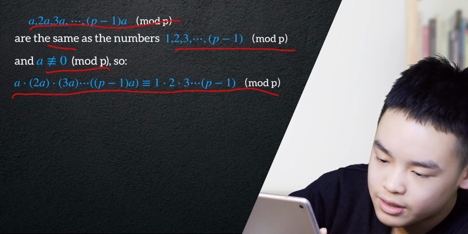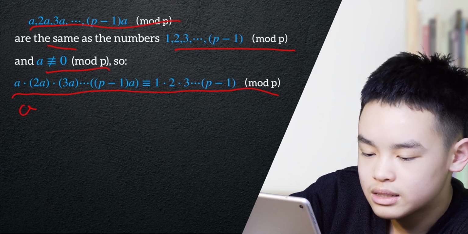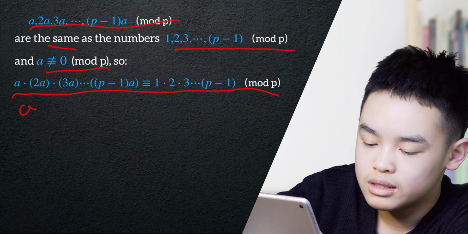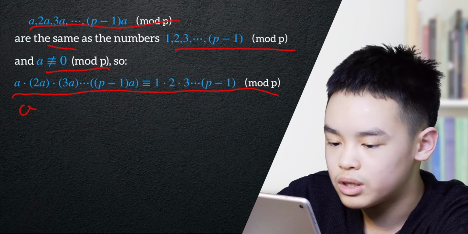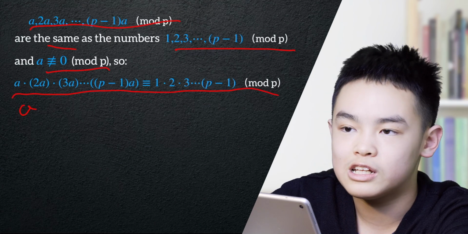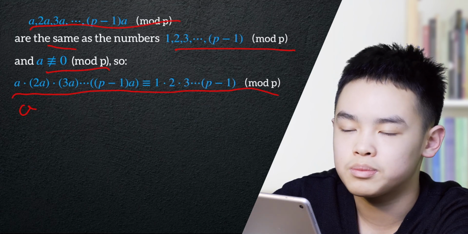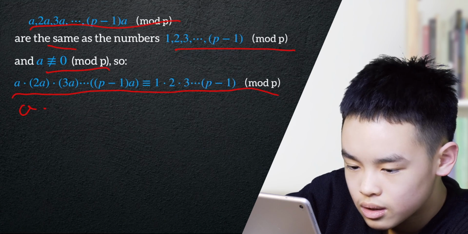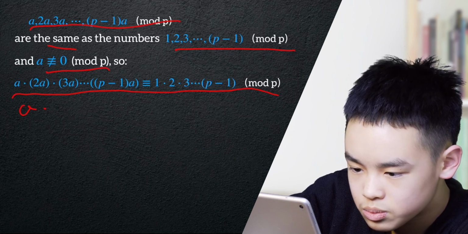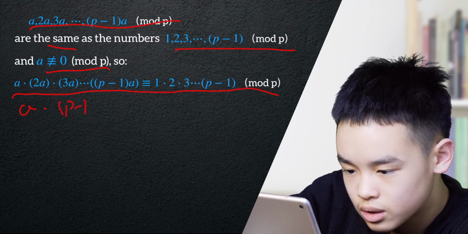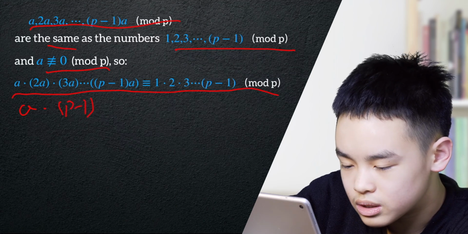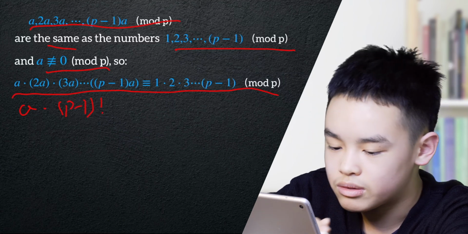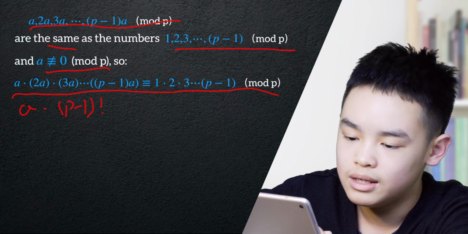And after we factor out the a, we find that the numbers before a are basically 1, 2, 3 all the way to p minus 1, and they're in a multiplication. So we can write it as p minus 1 times p minus 2 all the way to 1, and we write it with an exclamation mark.